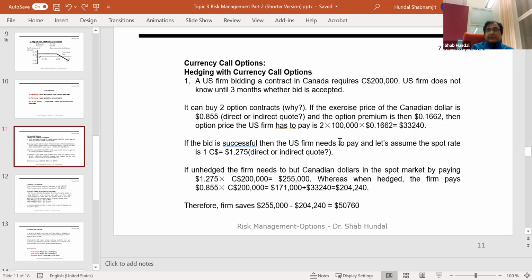You have the right to buy 200,000 Canadian dollars at this price, plus the premium. And if your bid is rejected, you still have the right to buy 200,000 Canadian dollars at this price, plus the premium. And if the market price is this, good for you.